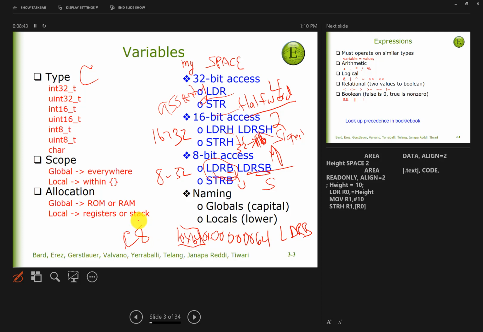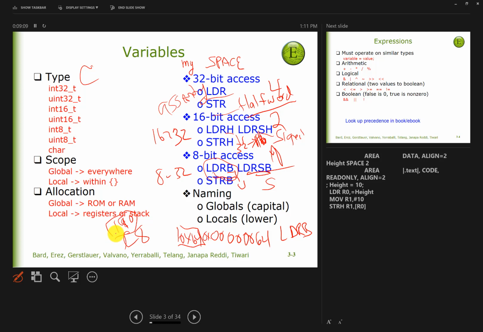All right, let's multiply it again. Let me just pick a bigger number. I'll multiply times 2, and times 2 again, and I have 400, which is 190 in hex.